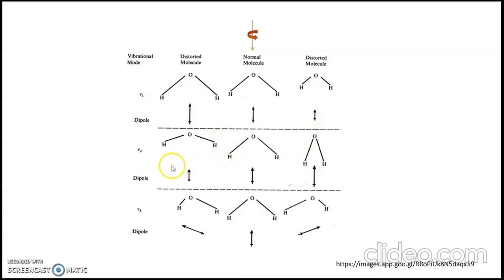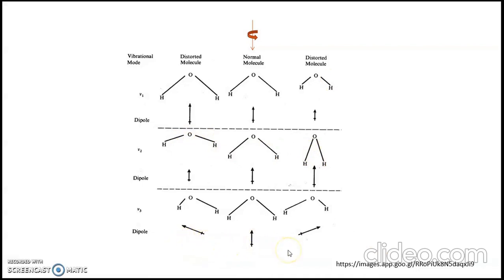For bending also, there is a change in dipole moment compared to the normal molecule, for increasing angle or decreasing angle.